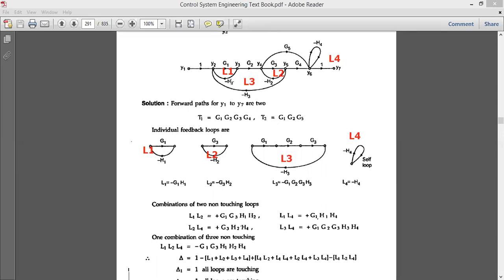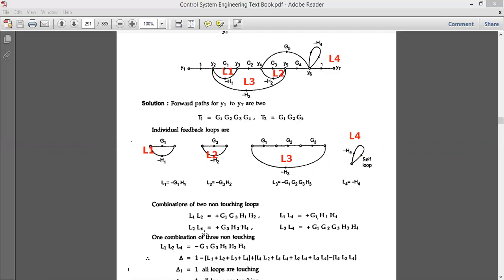Therefore L1, L2 and L4 are taken as three non-touching loops. The number should not repeat. If the number gets repeated, then those loops cannot be taken as non-touching. This is how we go for finding the three non-touching loops.